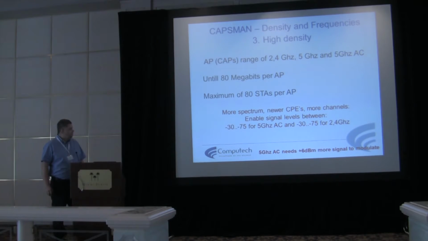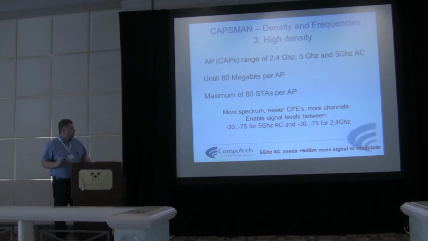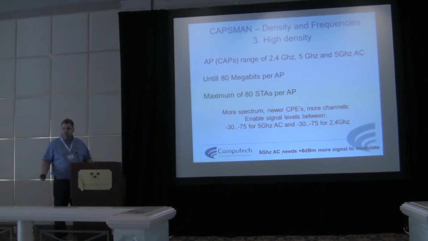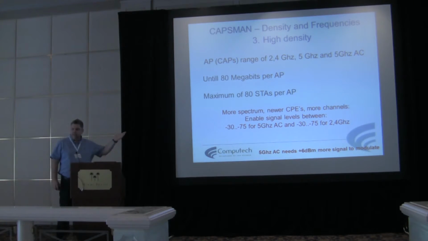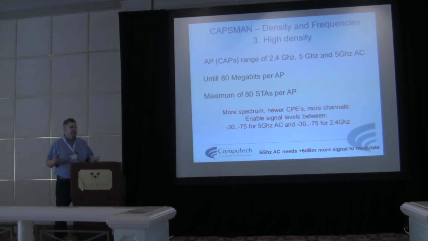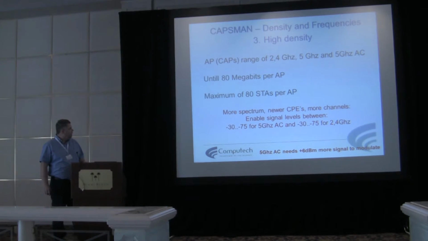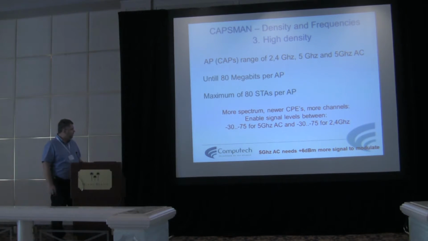The third is a newer third, using 2.4, 5 gigahertz, and 5 gigahertz AC. The performance got better, up to 80 megabits per AP, and the stations are higher too. We can talk about 80 stations per AP.